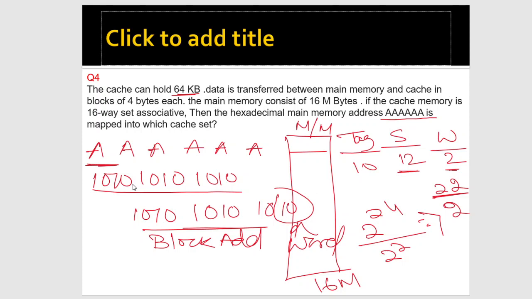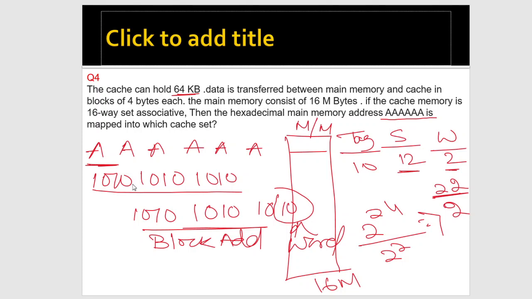The number is 1010, 5 times. 1010, 1010, 3 times. Then 10 only for the sixth one.